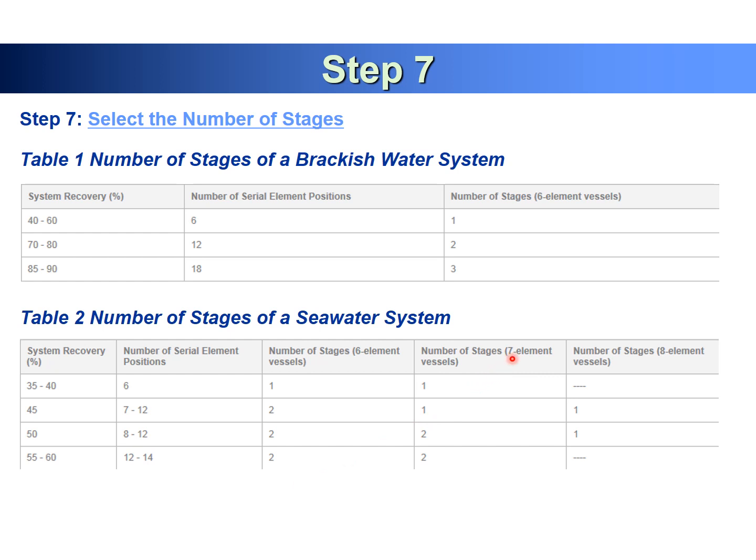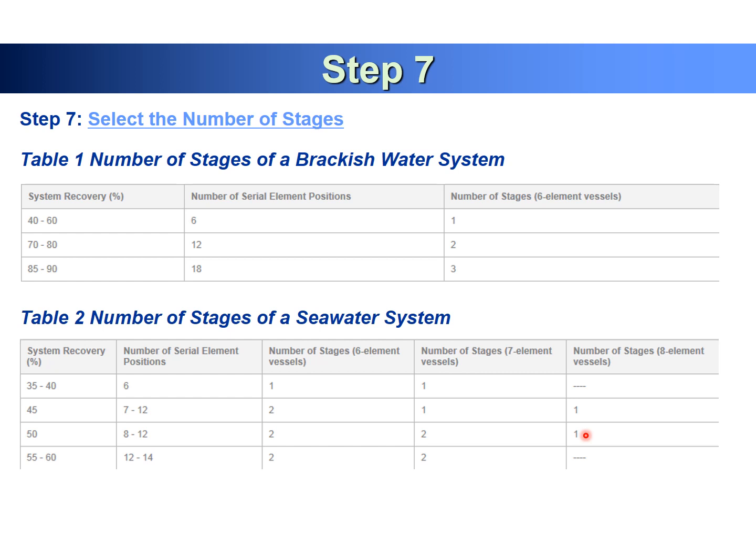For 7 elements, you can utilize one stage for 45%, 50%, possibly a second stage, but 45% also makes a second stage possible. And when you have 8 elements, you can design 45 to 50% in the first stage for seawater desalination.